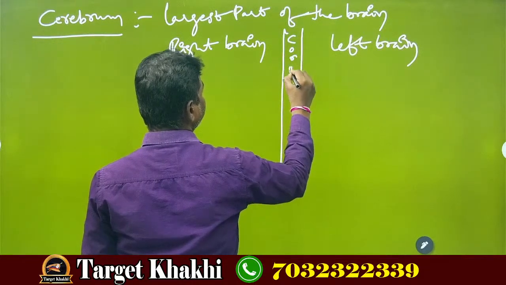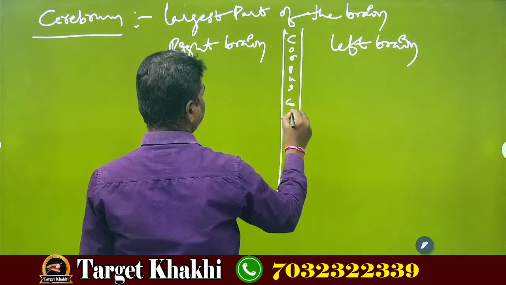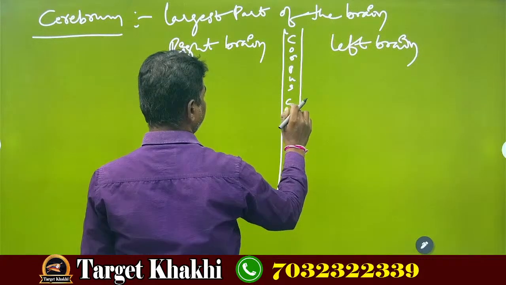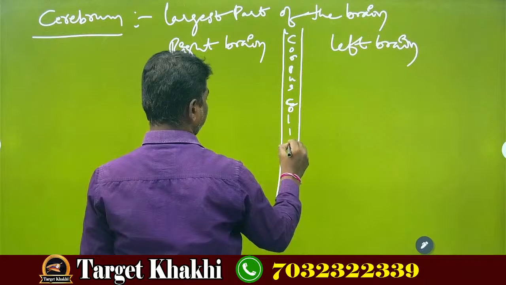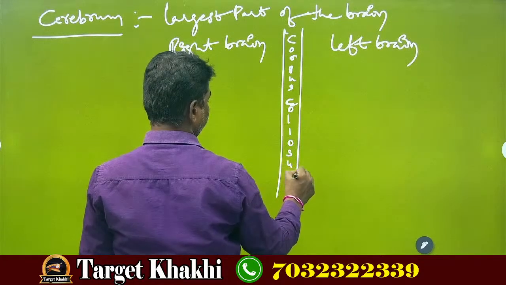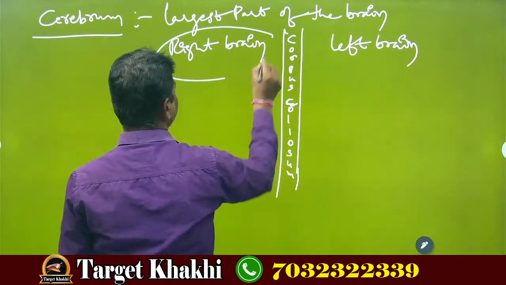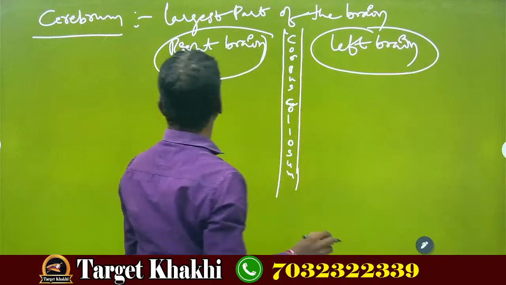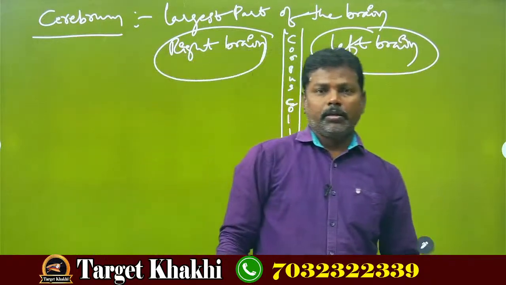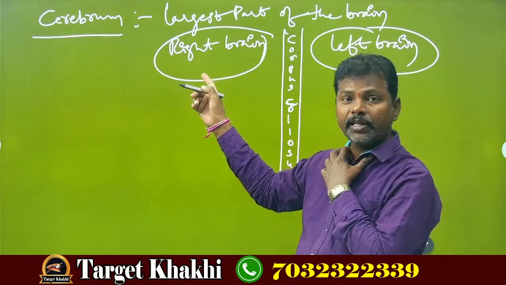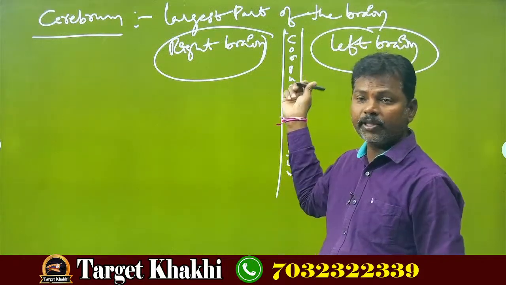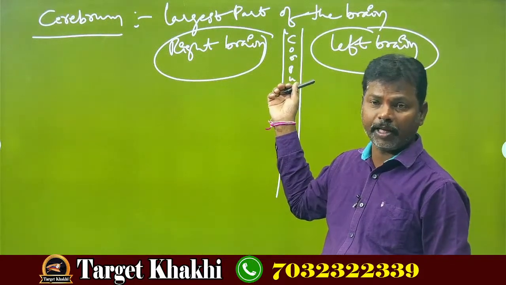Corpus callosum. Understood? Okay, this is about cerebral hemispheres. Right cerebral hemisphere is nothing but right brain. Left cerebral hemisphere is nothing but left brain.